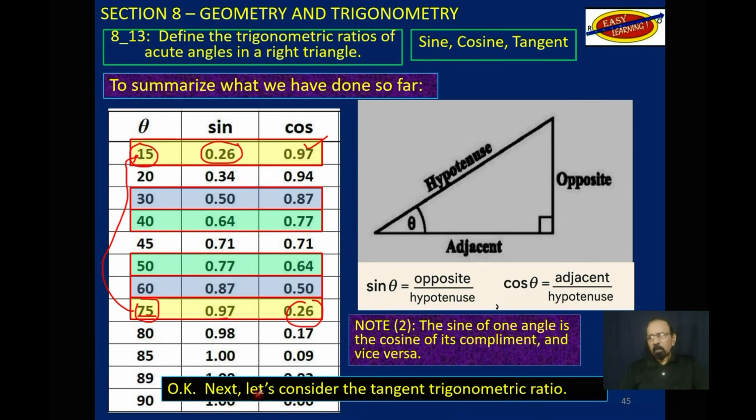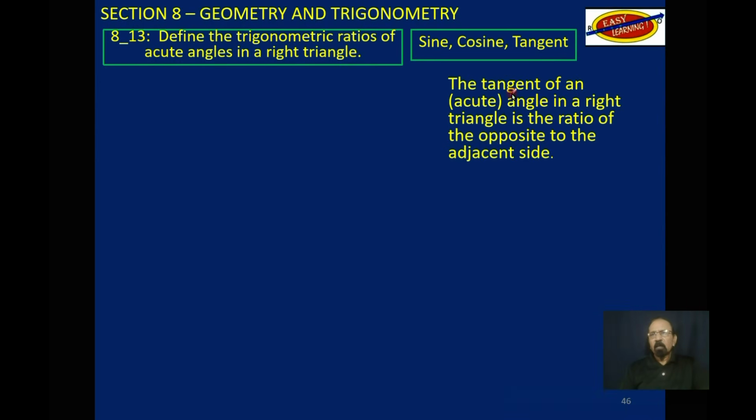So, okay. Next, let's consider the tangent trigonometric ratio. So we have looked at sine, we have looked at cosine. Not only have we defined them, but we now know what they mean. The tangent of an acute angle in a right triangle is the ratio of the opposite side to the adjacent side.